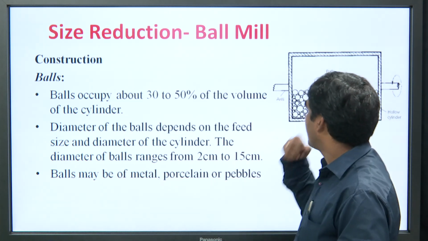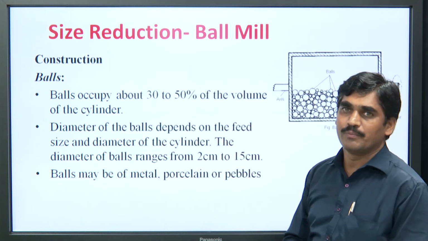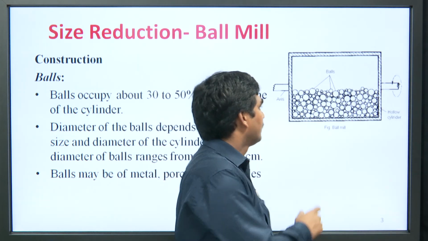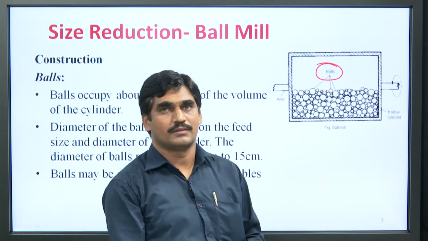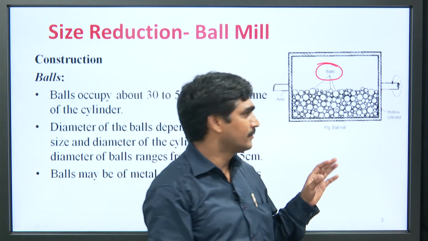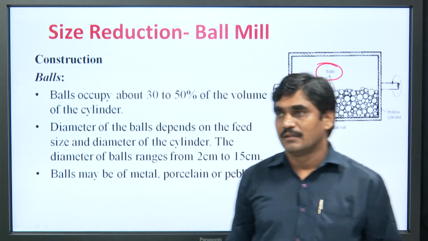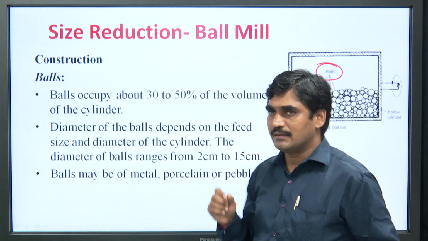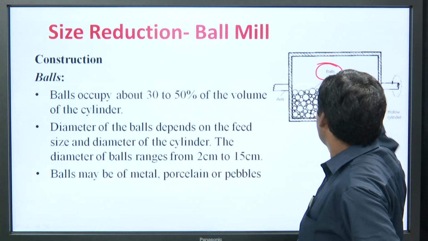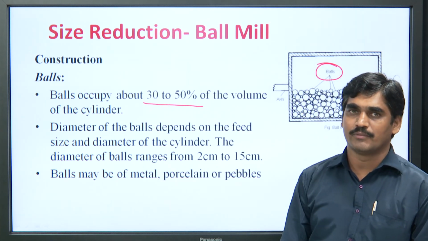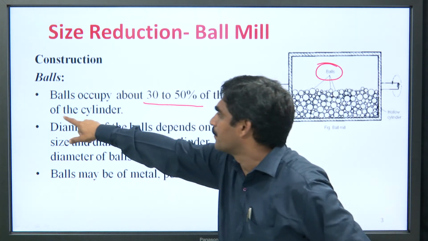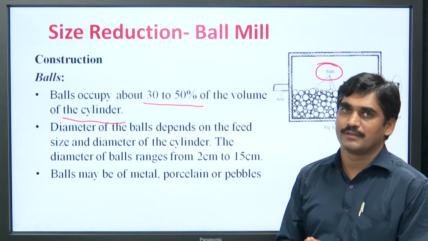Again, the second part of this equipment is the balls, which are used in this cylindrical space for size reduction. There are certain conditions: the balls used in this mill occupy 30 to 50% of the volume of the cylinder, not more than that.